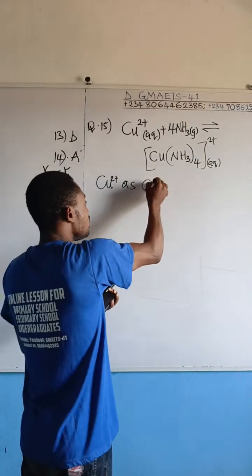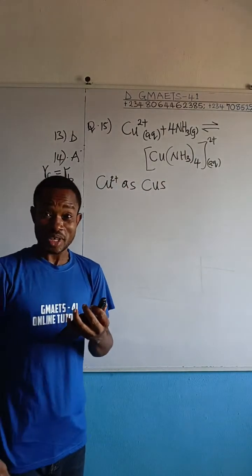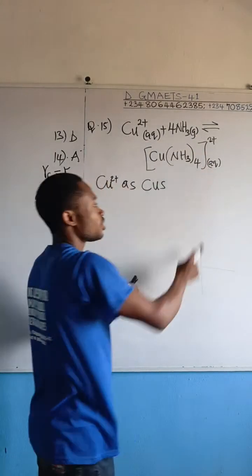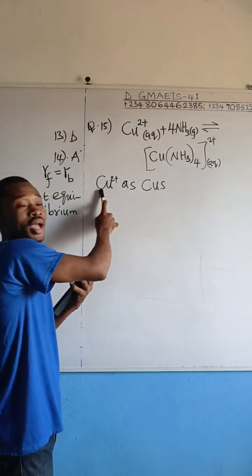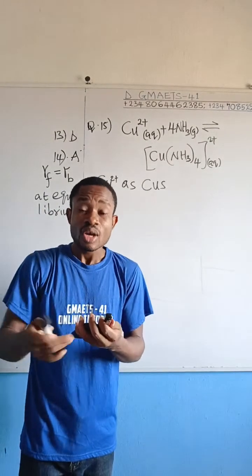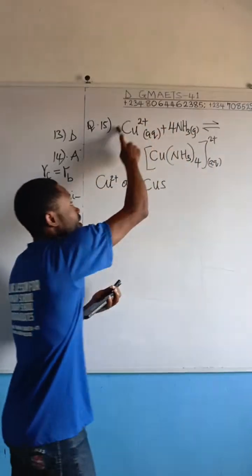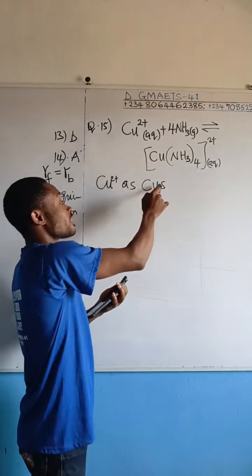That's the question. Interesting, right? Now you are given this to be in equilibrium with this. What is the effect of precipitating this ion as copper sulfide? The idea is this: what is the effect of removing this in this reaction? Now look at it. The examiner asks, what is the effect of precipitating copper 2 ion as copper sulfide?